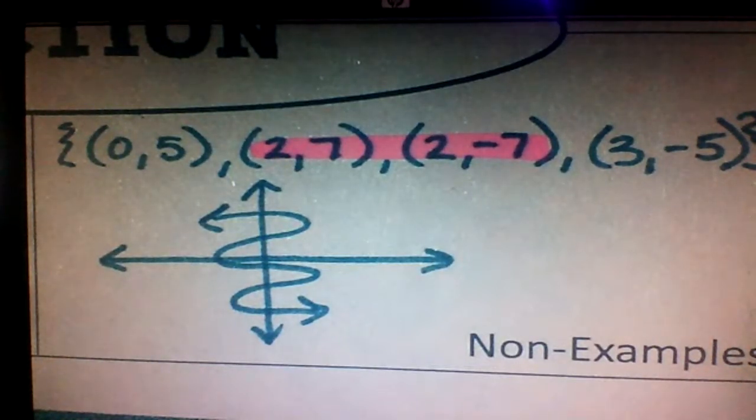Okay? This does not pass what we call the vertical line test. If I can take a vertical line and draw it through my graph and it touches my graph more than once, it is not a function. Well, this happens several times. It happens here.